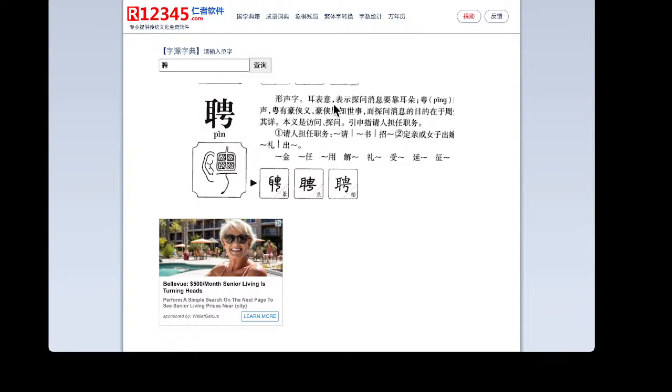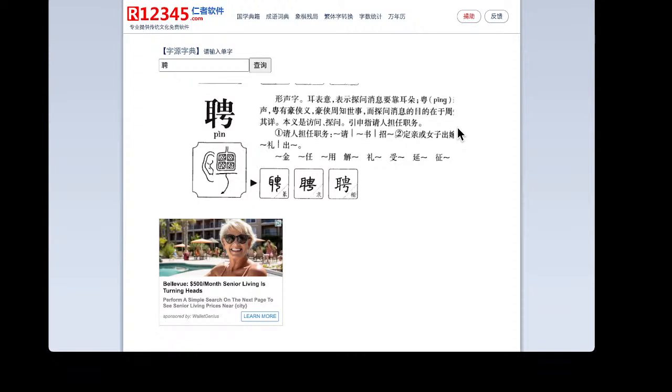Now on the right hand side is the ping. The meaning of this ping refers to those people going around and upholding justice. They go around helping poor people or people being bullied, to make it right.